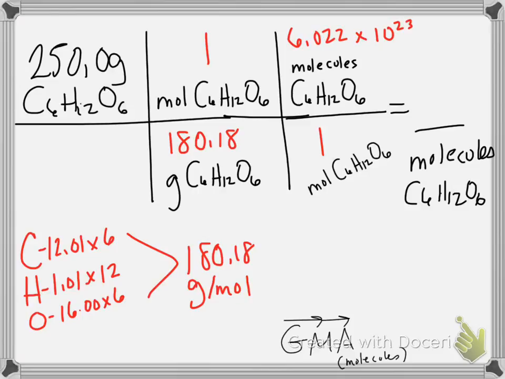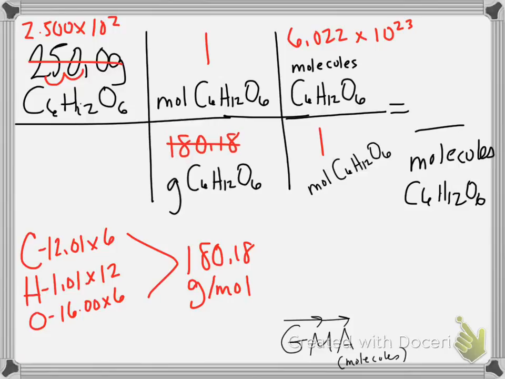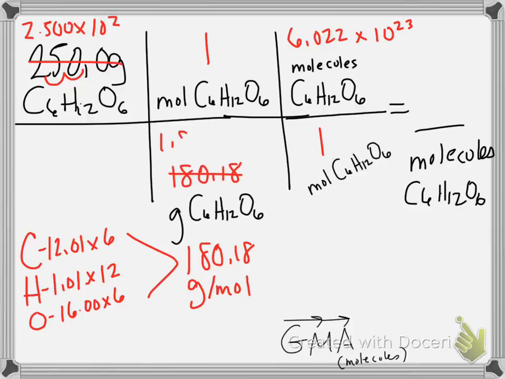This is where I find it personally easier, when I've got anything that has scientific notation, to make everything scientific notation, because my little pea brain can't handle moving decimals. So I say this is 2.50012 times 10 to the second, and this is 1.8018 times 10 to the second, and of course you can see your 10 to the seconds are going to cancel out there.